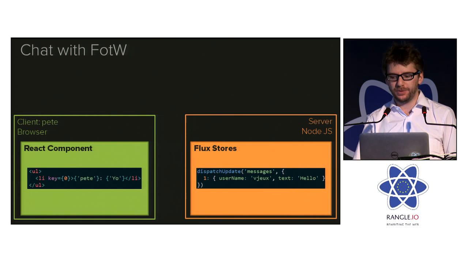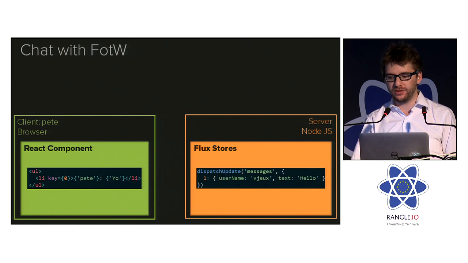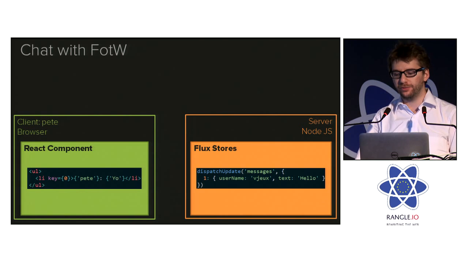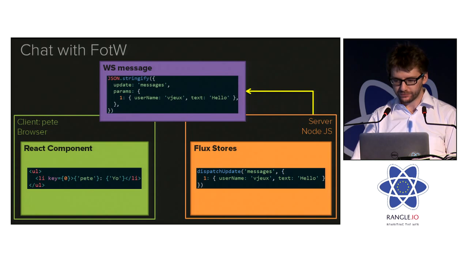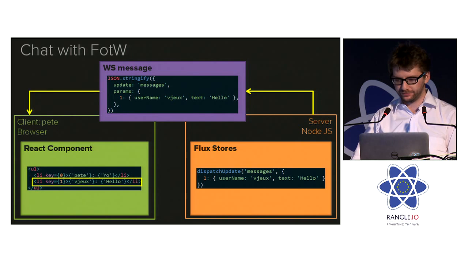Now let's see what happened on Pete's browser, which happened to be connected in a React app in its browser. At this point, the message list in Pete's browser only displays one message, which he had previously written. After updating itself, the Flux store calls its dispatch update method to signal that its public state has changed. The update is JSON serialized and sent to the subscribed client across the network using WebSockets.